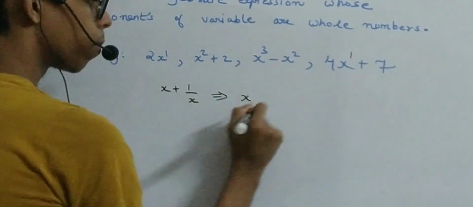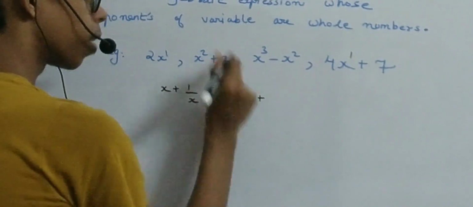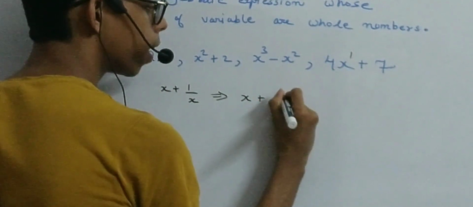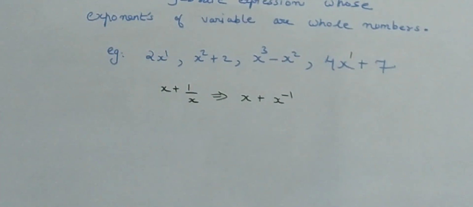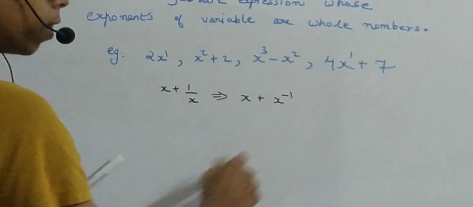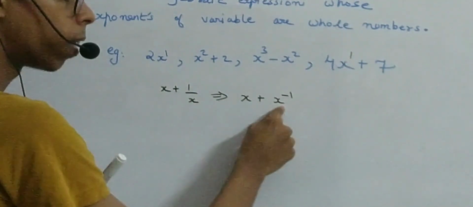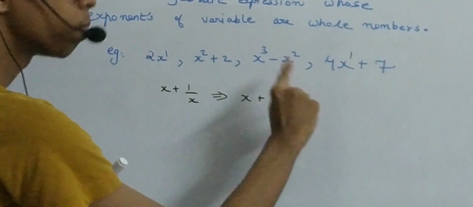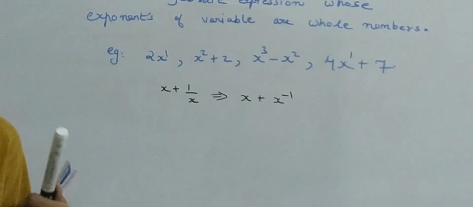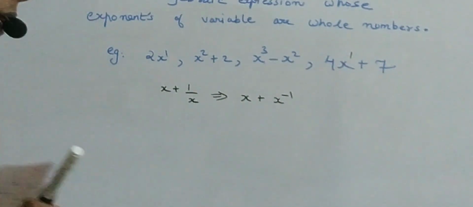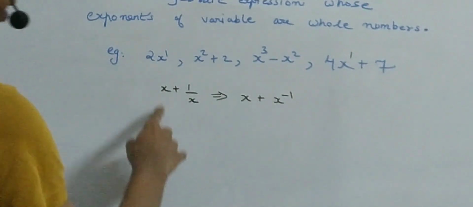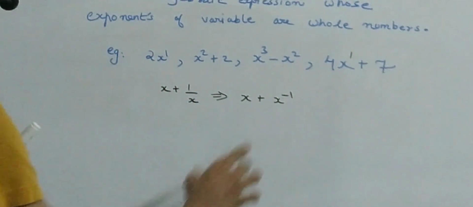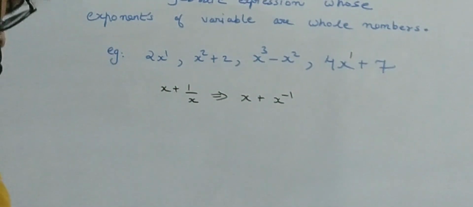So this x I am writing as it is, plus this I am bringing to the numerator. So I will get x plus x raised to minus 1. Now just see, this x is your variable. Now just see its power. It is minus 1. So is minus 1 a whole number? No, definitely not. It is an integer. So definitely this x plus 1 by x cannot be a polynomial.